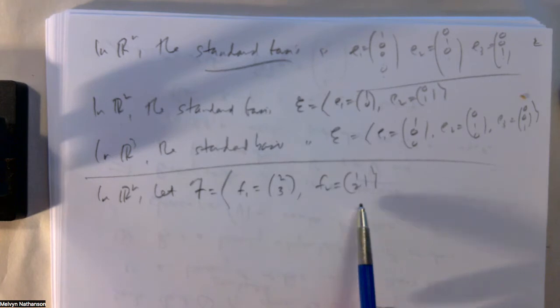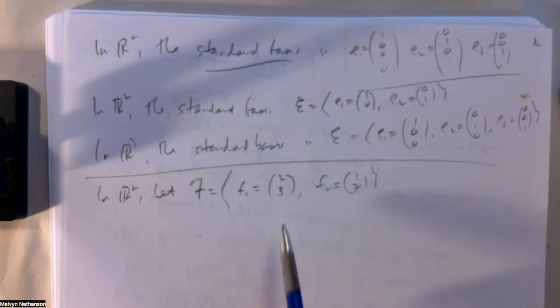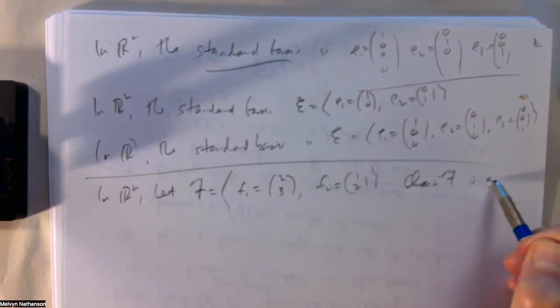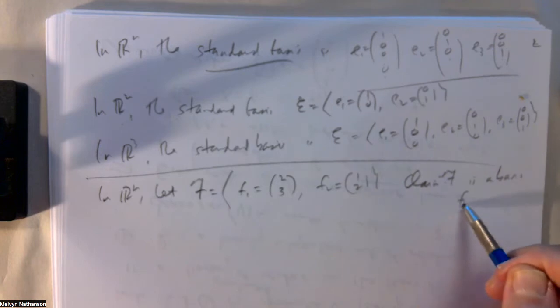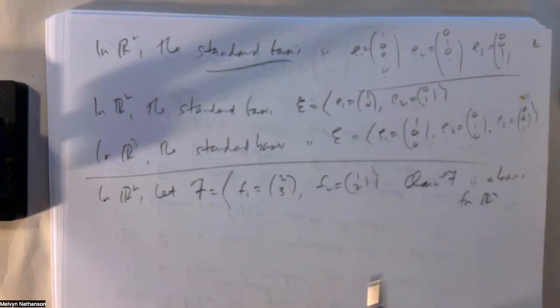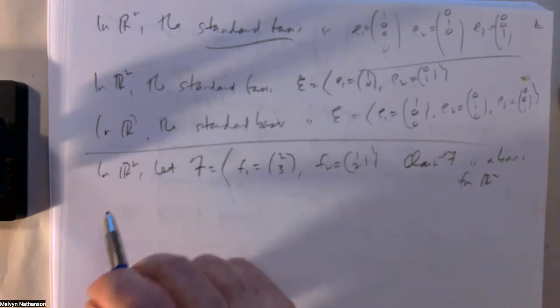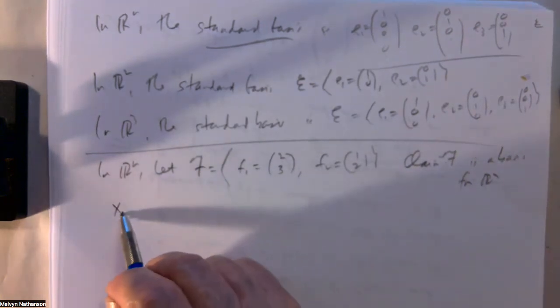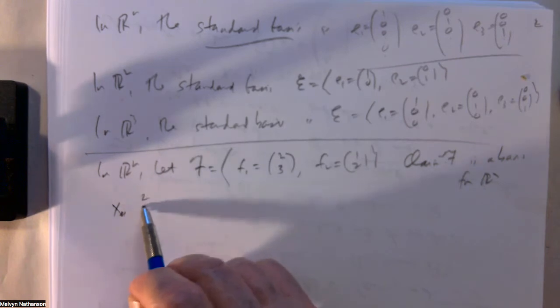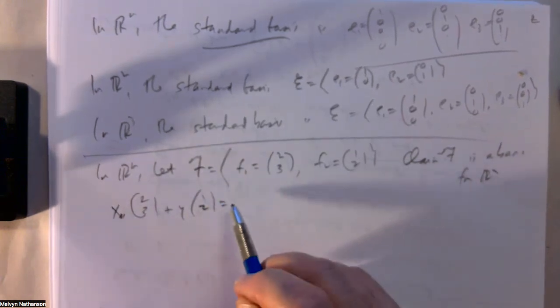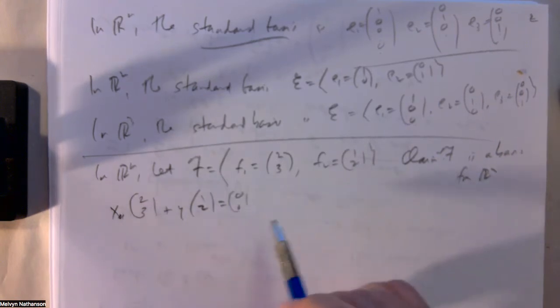So I claim this is a basis. First, we have to prove this, so claim: F is a basis for R2. Why is that? Well, suppose x, or let's use x and y. Suppose x times (2, 3) plus y times (1, 2) is the 0 vector.